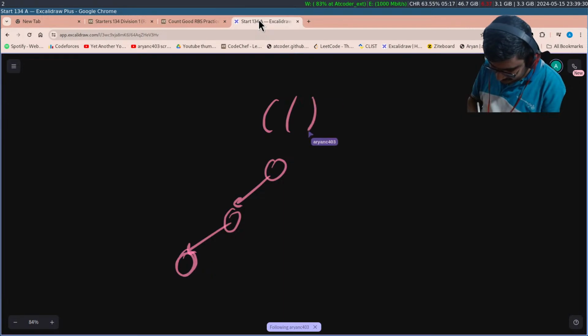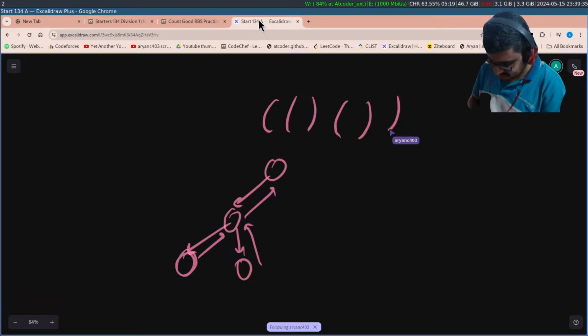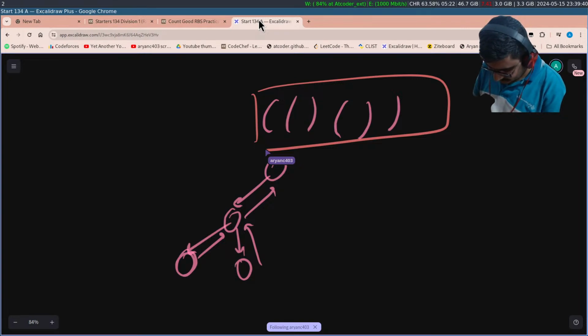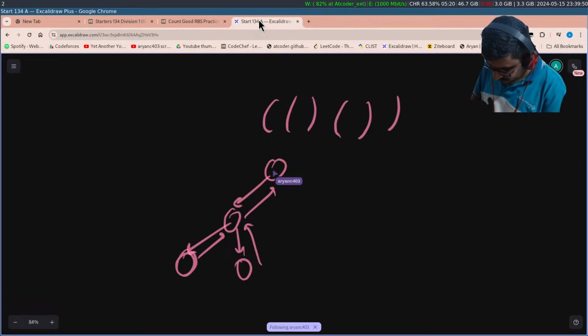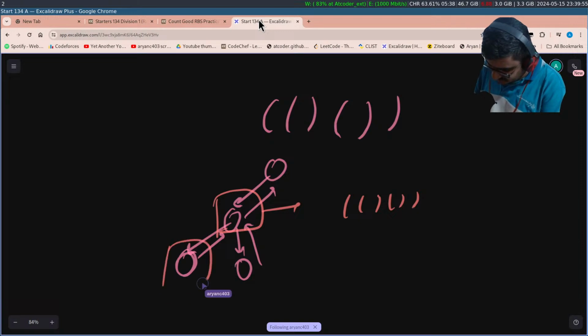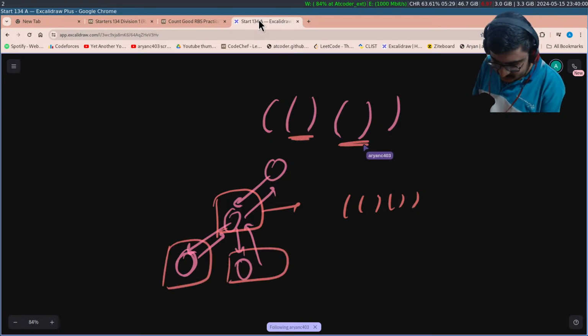Let's say this is a sequence. The topmost, this complete one, is a sequence, and this is the original root we have. For this node, the bracket sequence we have is this. For this node, you will see these two brackets are there, and for this one, you will see these two brackets are there.